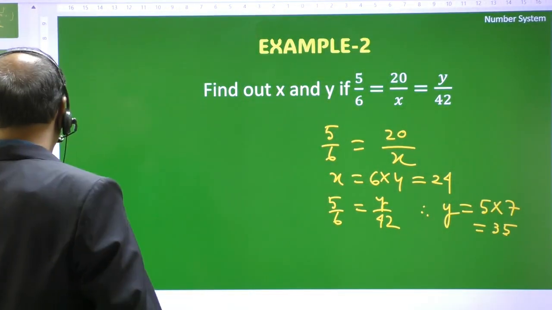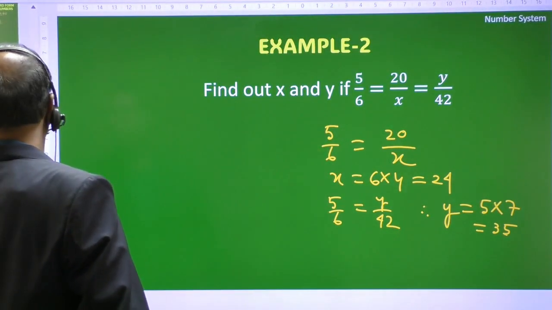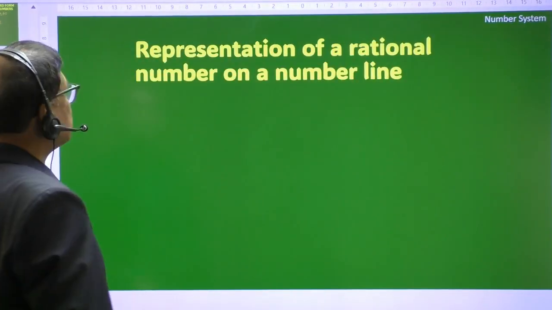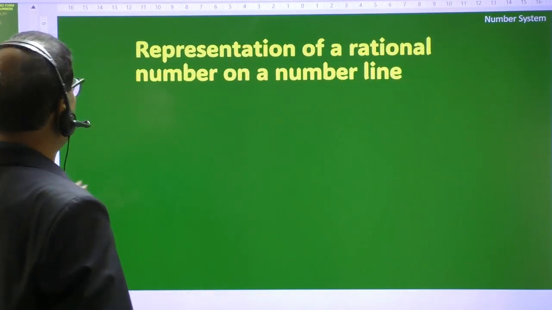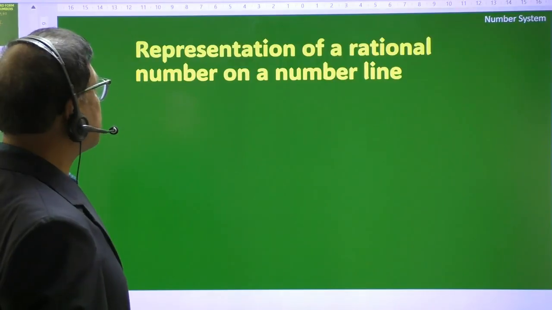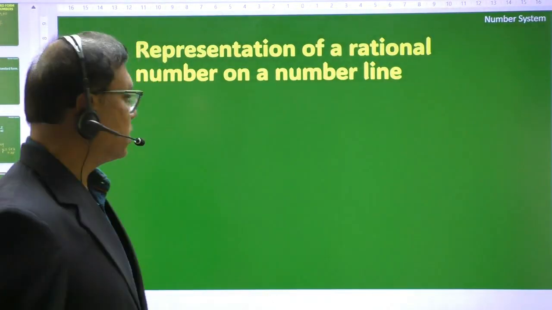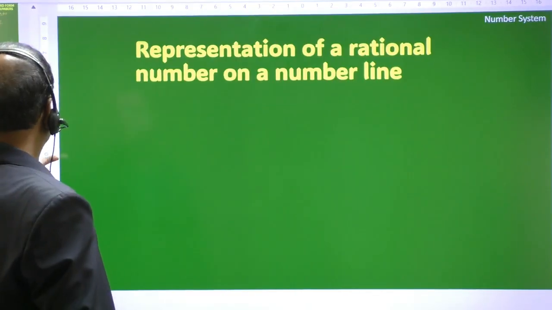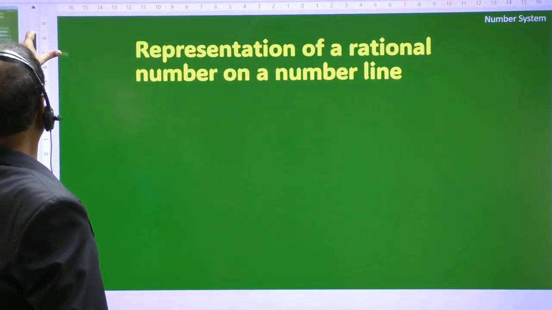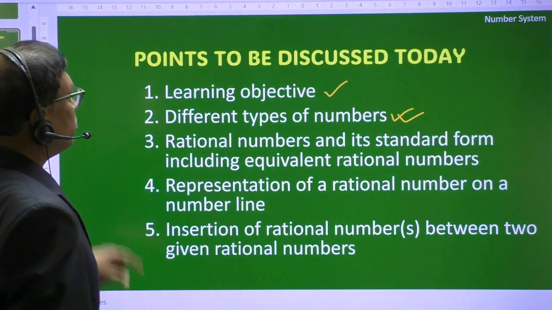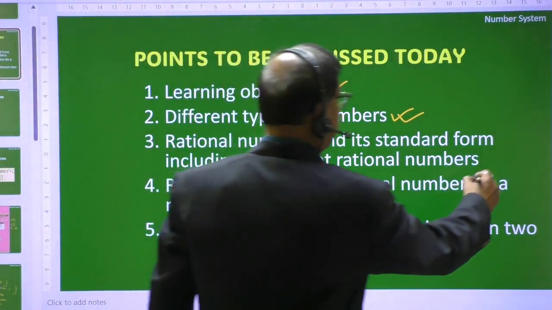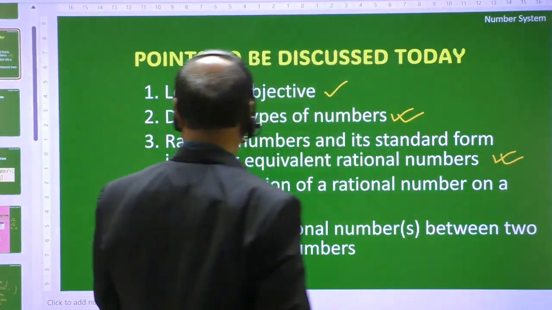Yes. Now I'll discuss the next point, representation of a rational number on a number line. How can you represent a rational number on a number line? That I'll discuss now. So third point completed.